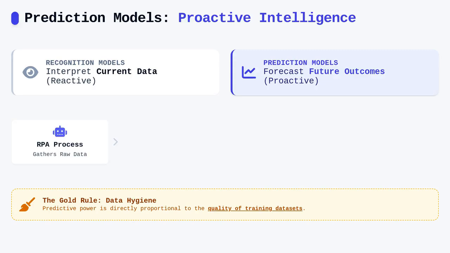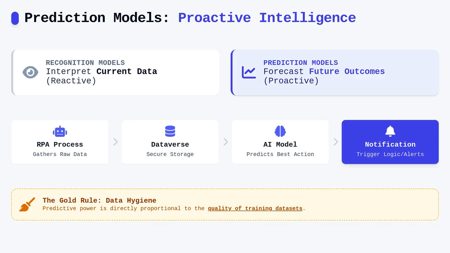Within your cloud flows, you pass parameters to these models and receive a result that can trigger conditional logic or enterprise-wide notifications. You are essentially building a feedback loop where your RPA processes gather data, store it in Dataverse, and let the AI model suggest the next best action. This approach is highly effective for environments that need to optimize resource allocation without human intervention.